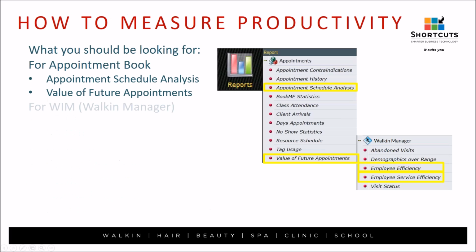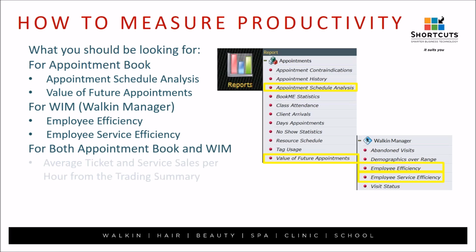Okay, so now let's look at how we would measure the productivity of our employees. What you should be looking for is in your reports area as well. So still going back to the reports feature, you need to look underneath the appointments tab or category, where you'll find the appointment schedule analysis and also the value of future appointments.